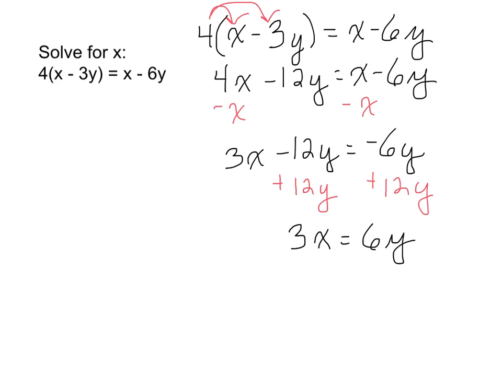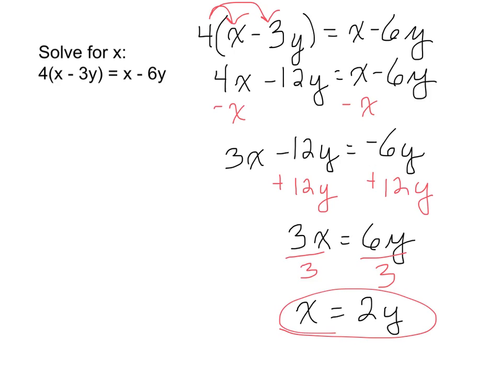And my last step, in order to isolate x, I want to divide every term by a positive 3. I now have x is equal to 2y. And there's my answer. I've solved for x. I've isolated it alone on one side of the equation. X is equal to 2y.